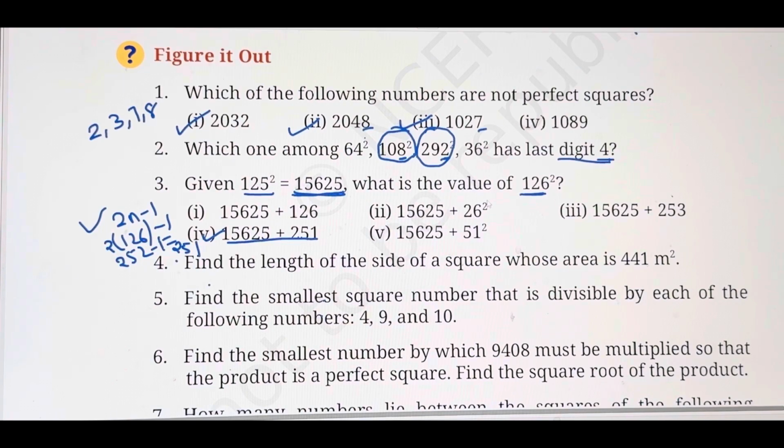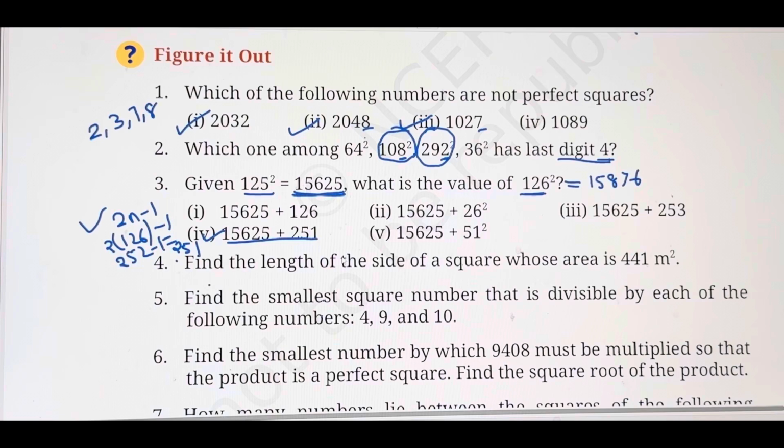So you get the square of 126. And if we add these two numbers, the square of 126, though that is not asked, we'll find out. It will be 15876 after adding these two numbers. Right? But remember that this has to be applied only for the next consecutive number.